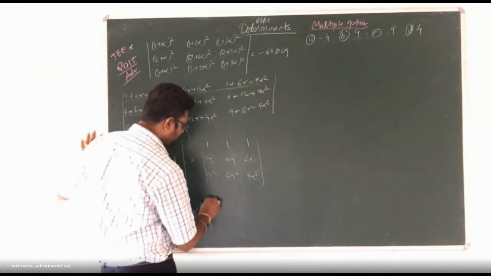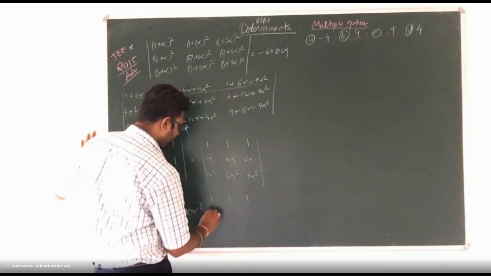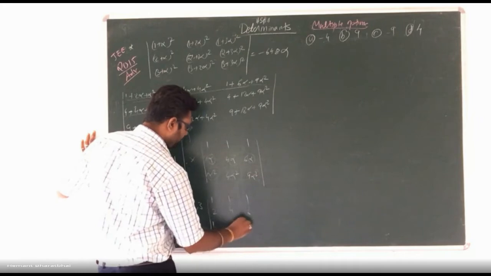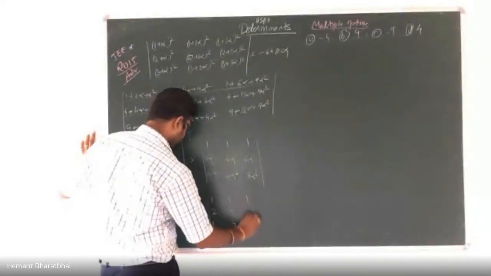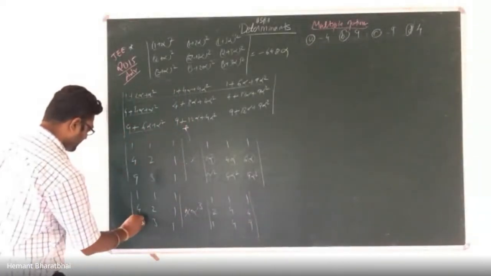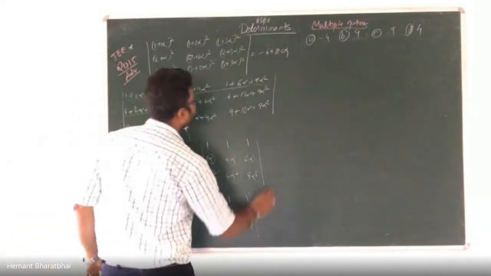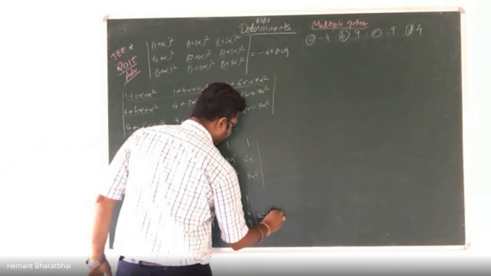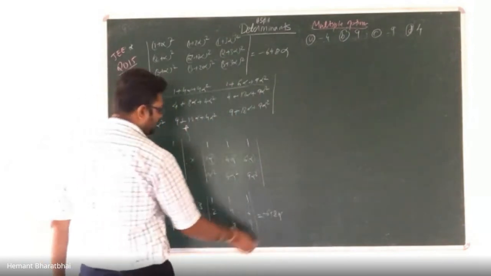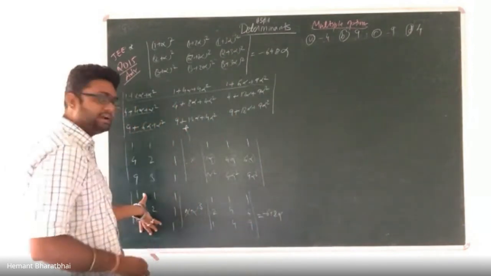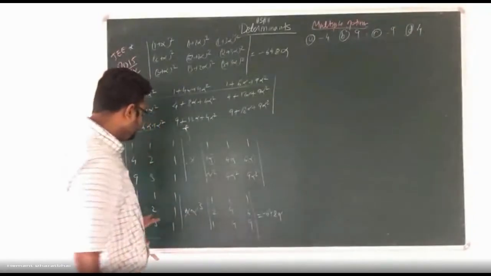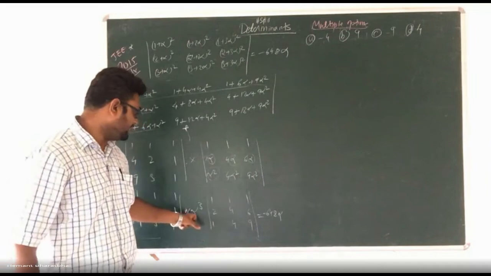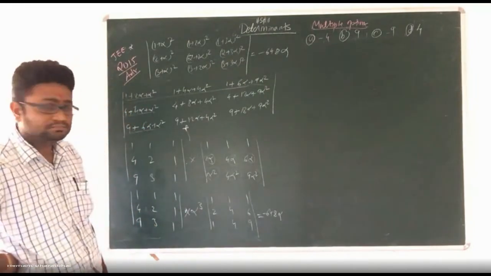And what will remain inside is 1, 1, 1, 2, 4, 6, 1, 4, 9 is equal to, as given, minus 648 alpha. So one alpha will get cancelled out. We'll find the determinant of this, we'll find the determinant of this, and we'll multiply it with alpha cube.